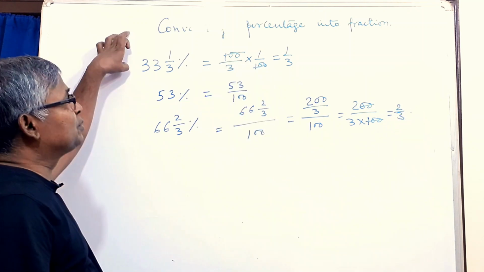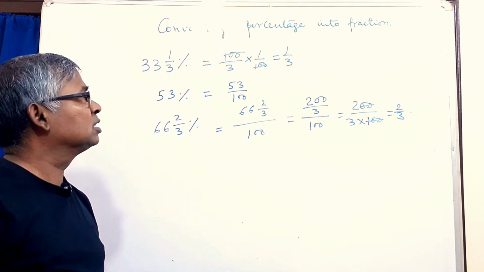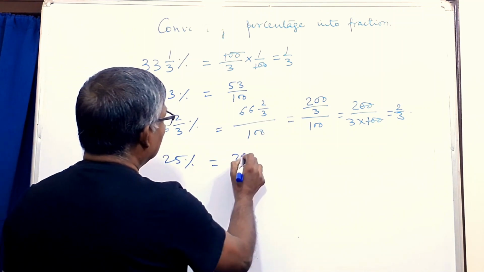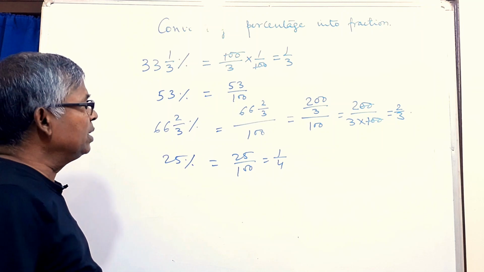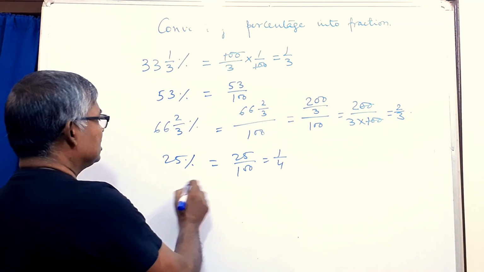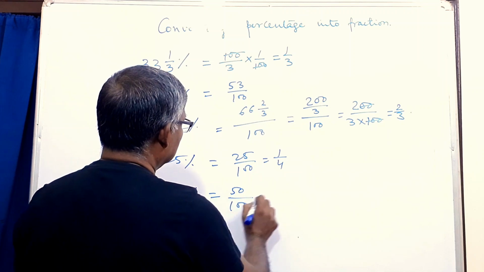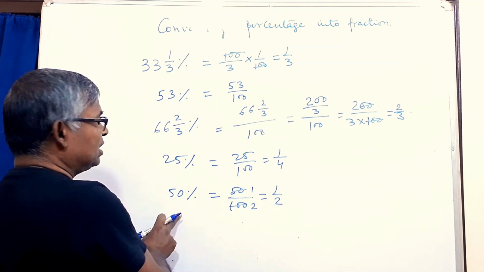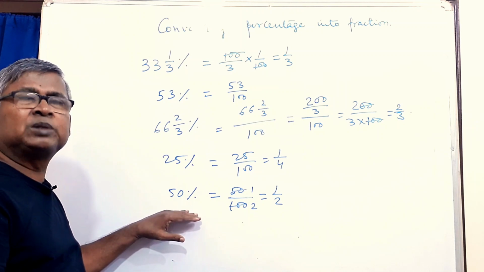This type of conversion is very much required for better performance in mathematics. Always try to know, suppose 25% equals 25 by 100 equals 1 by 4. So students, whenever you get the number 1 by 4, you must remember it is 25%. Suppose 50% equals 50 by 100 equals 1 by 2. So 1 by 2 means 50%. This type of conversion is very much required for calculating mathematical problems.